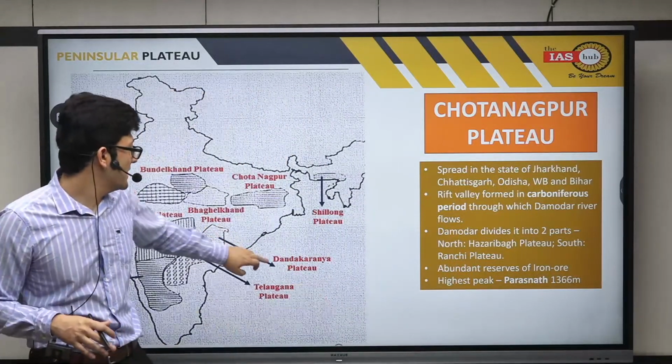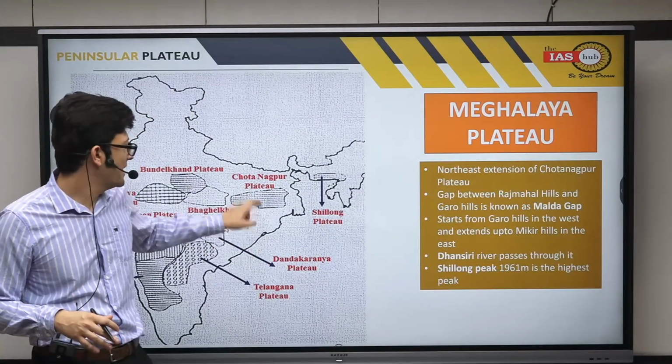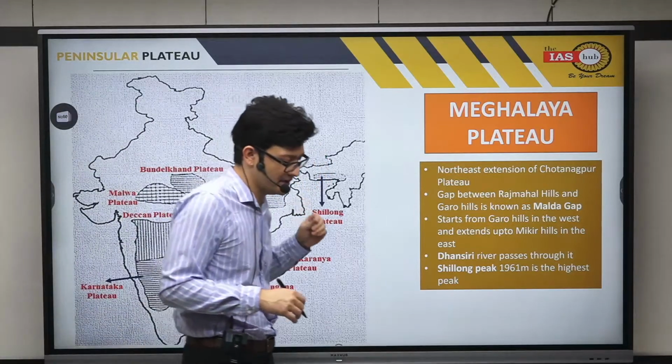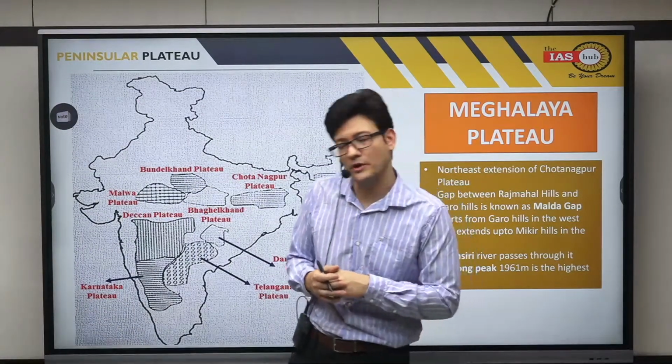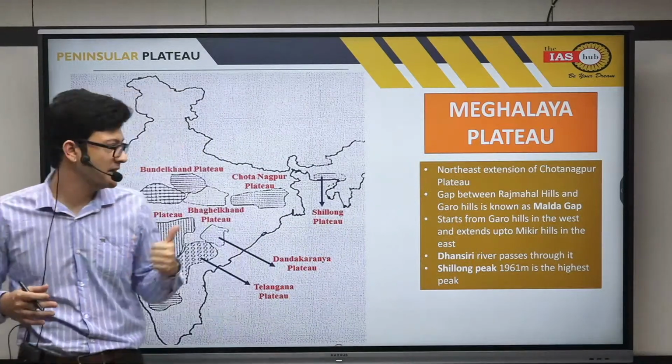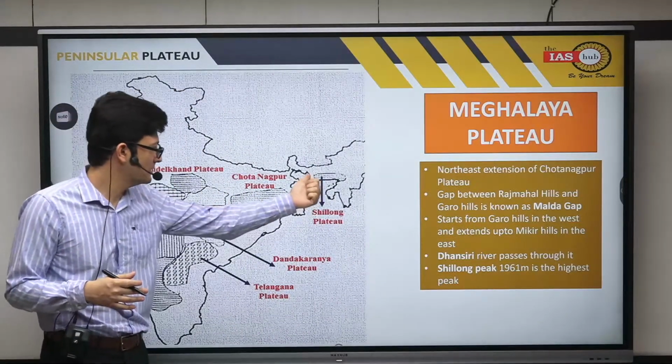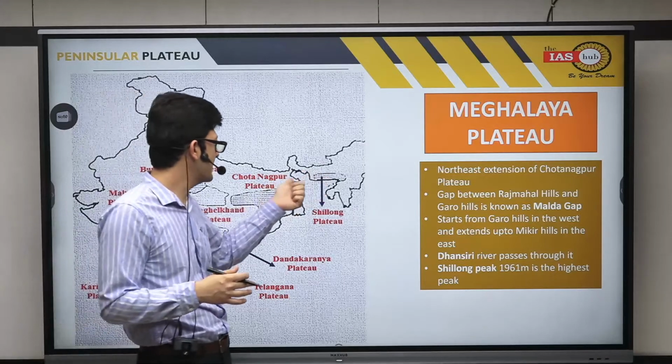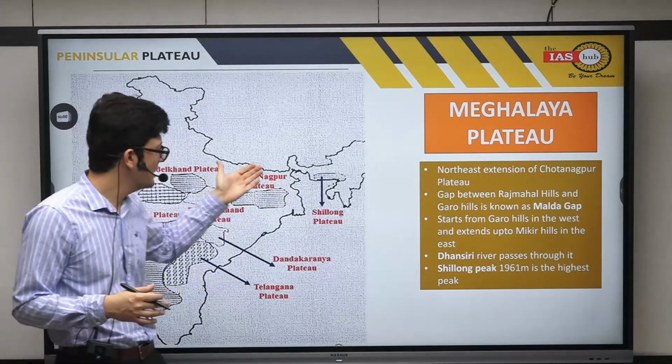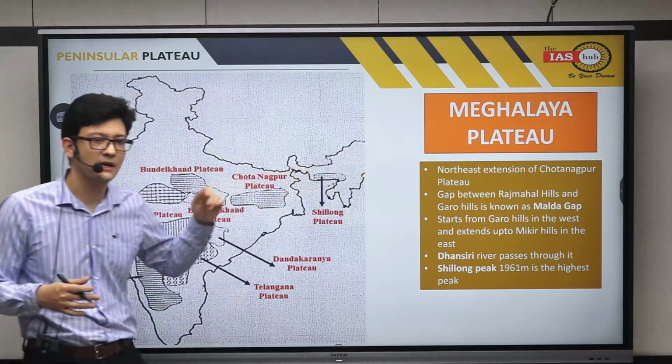Then moving on to the next region, which is Meghalaya Plateau, which we have already discussed. It's an extension of Chota Nagpur Plateau. So Garo, Khasi, Jaintia hills are found over here. On the western side, you'll find the Garo Hills, and the eastern demarcation is the Mikir Hills.